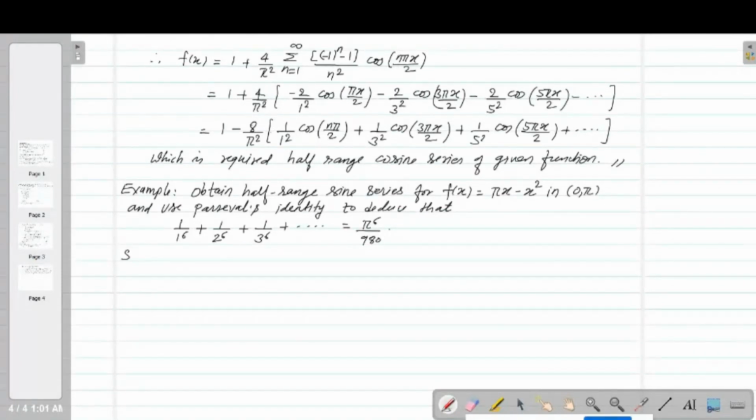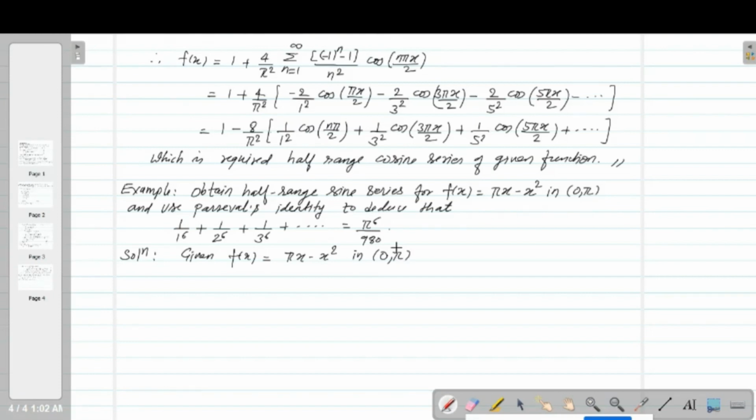Solution. So what is given to you? Just write down. Given that your function f of x equal to pi x minus x square in the interval 0 to pi.